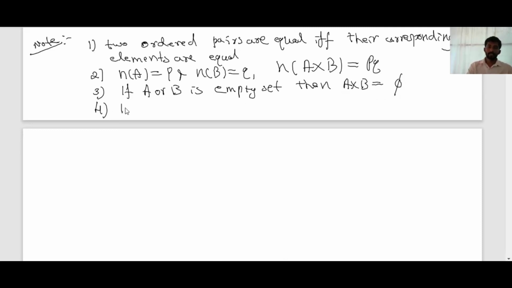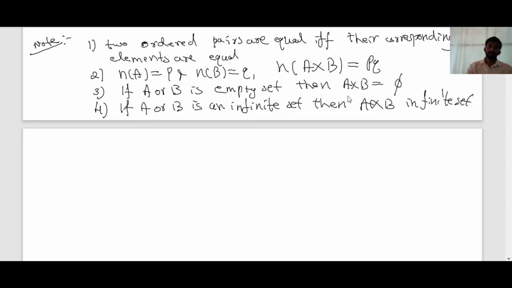Fourth observation is if A or B is an infinite set, then A cross B is also an infinite set. Okay, remember this one. If any one of A or B is empty set, then Cartesian product also equal to empty set. If A or B is an infinite set, then Cartesian product also infinite set.